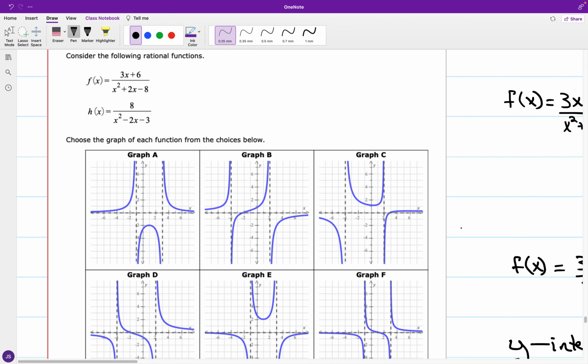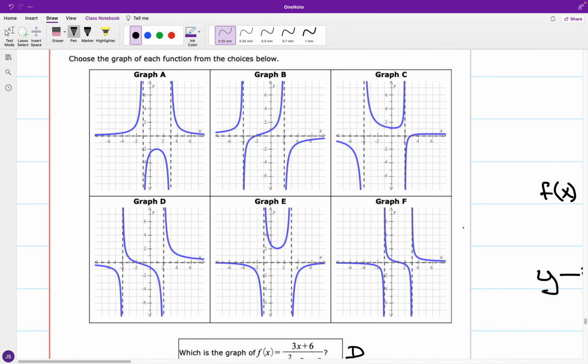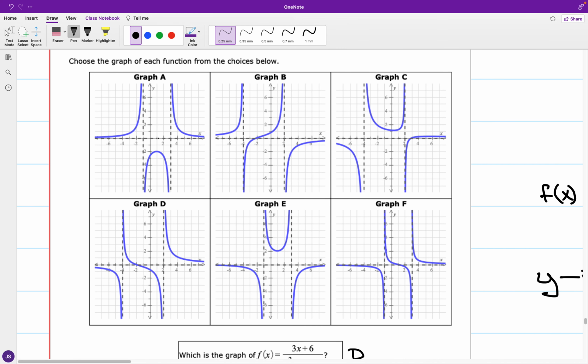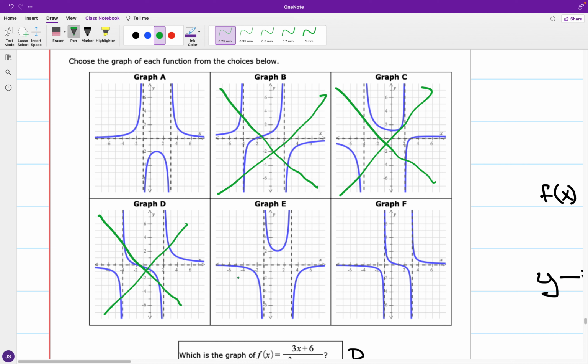So looking at what is present now, you got negative 1, 3, 0. A is in the running. B is not, it has the wrong vertical asymptotes. Likewise with C. And D was already ruled out for f of x.